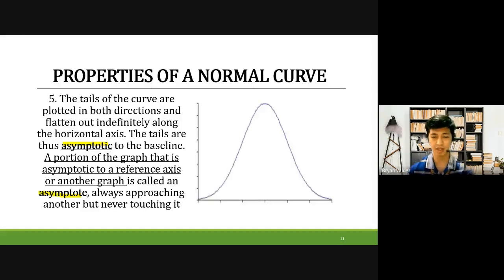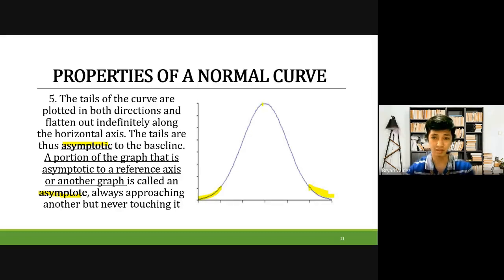Sa isang normal curve kasi, meron tayong one-tailed normal curve saka two-tailed normal curve. Dito sa topic na to, ang gagamitin natin is yung two-tailed normal curve. Pag sinabi natin two-tailed, titingnan lang naman natin yung dulo nun.